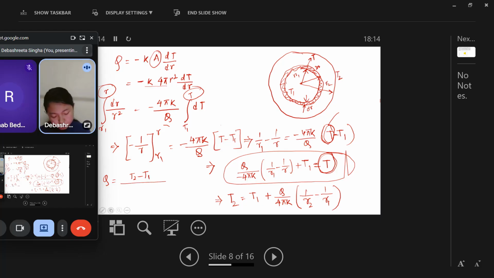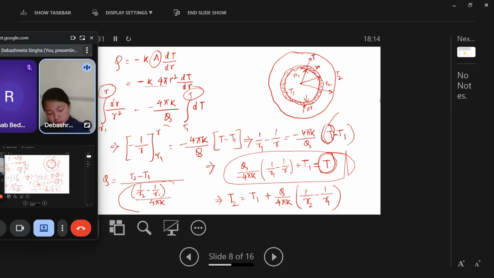T2 minus T1 divided by 1 by R2 minus 1 by R1, whole divided by 4 pi k.